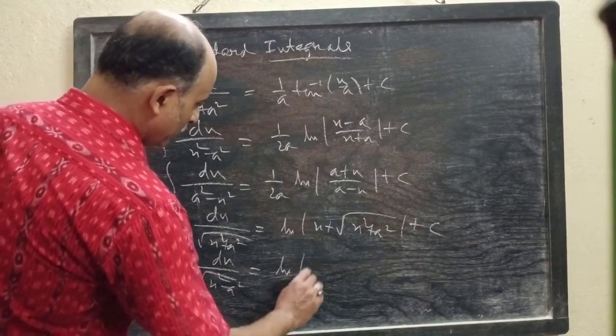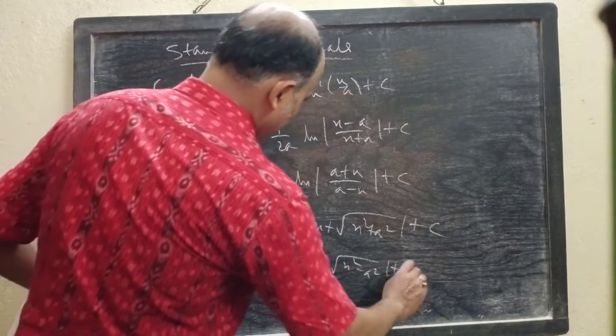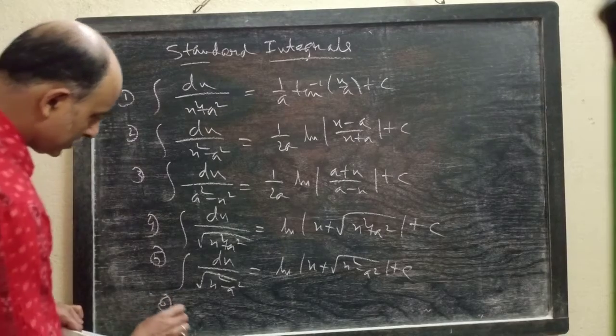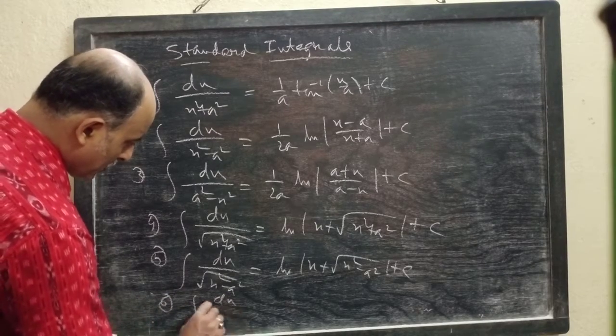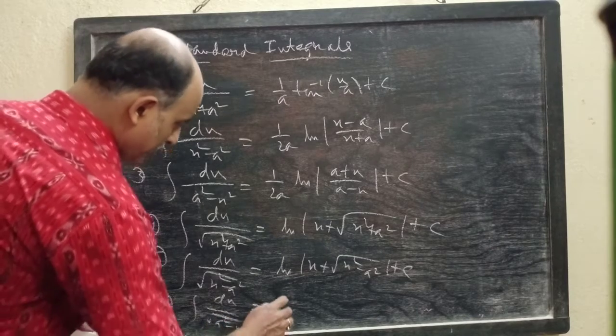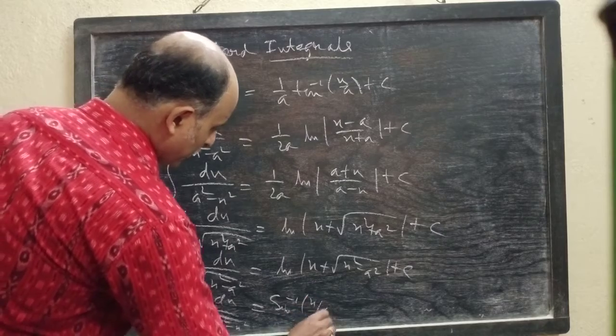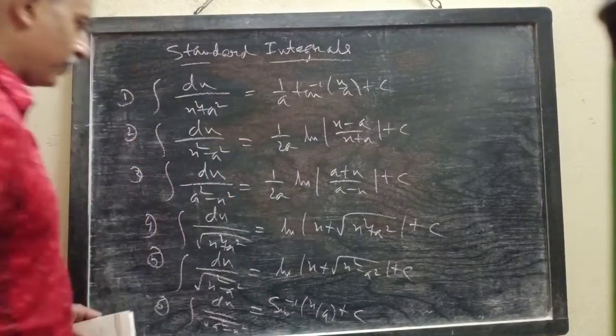This will be log of mod of x plus root of x square minus a square plus c. And the sixth one is dx by under root a square minus x square. Result is very simple. Sin inverse of x by a plus c.